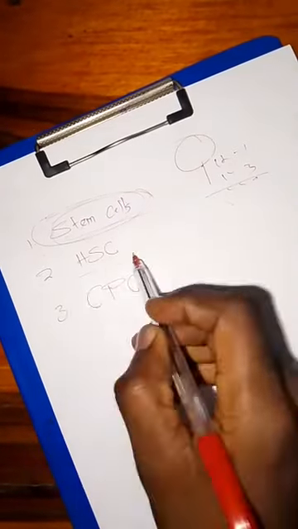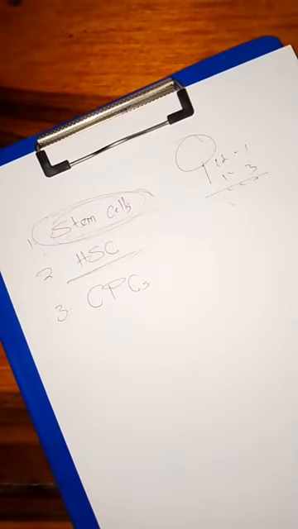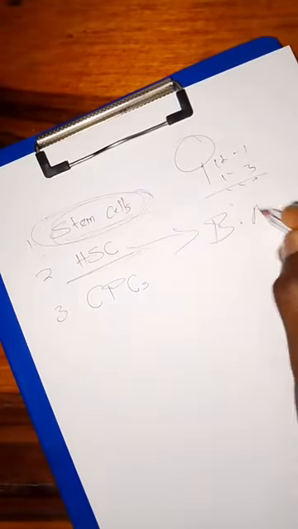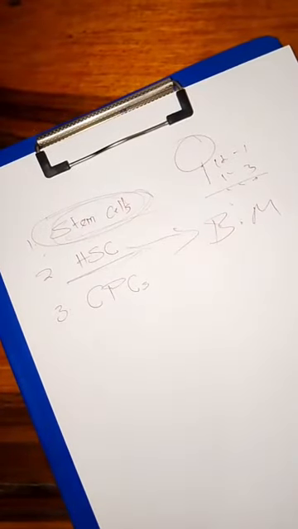Then we also have these type of cells that are known as hematopoietic stem cells. These hematopoietic stem cells are found in the bone marrow. The bone marrow basically is of two types. We have got the red marrow and also the yellow marrow. The red marrow is the one that is actively involved in the formation of the red blood cells.